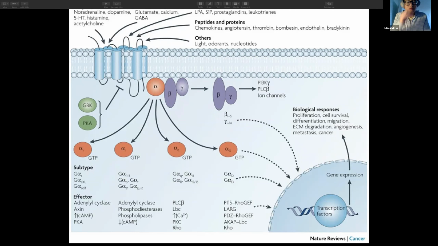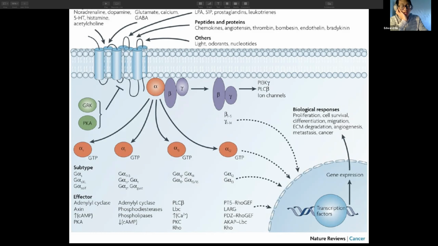I think I always get this mixed up, but as the picture alludes, when the whole receptor complex is activated, the alpha subunit will bind to GDP and separate itself from the beta and gamma.